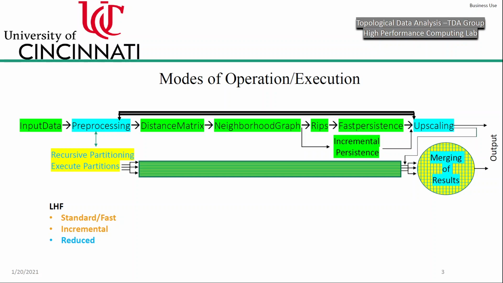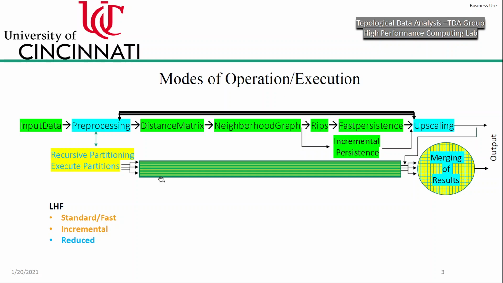So reduced mode samples representative points from the point cloud that are fewer than the original point cloud and hopefully preserve the topology of the space.